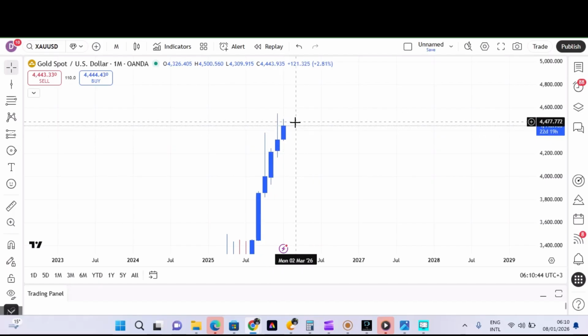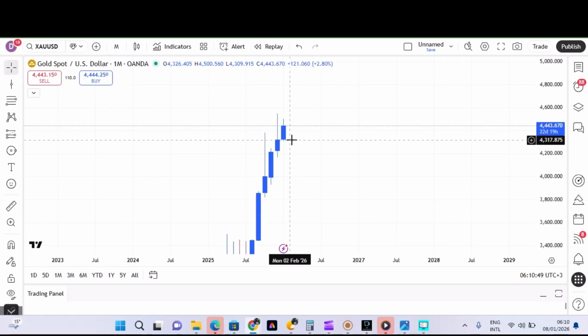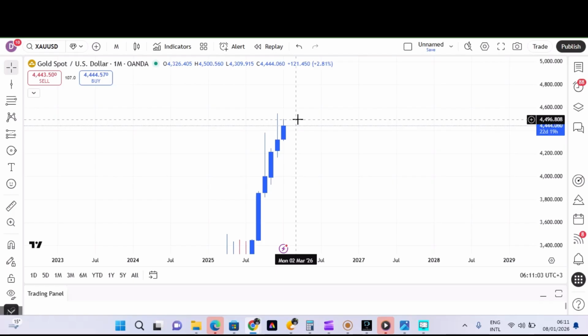Of course, there's a slight pullback, but the market opening price of gold in January was 43.25, and as we speak, the highest price of gold in this month so far is 44.96, 44.97. Yes, that is the high price of gold.